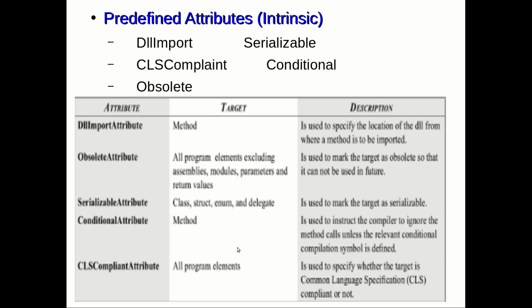They are not doing any kind of processing, but instead they give some kind of information to the user about the elements which are used in a program. So that is the main purpose of having attributes. Attributes are not mainly used for processing, but to give information to the programmer or to the user of that particular program.